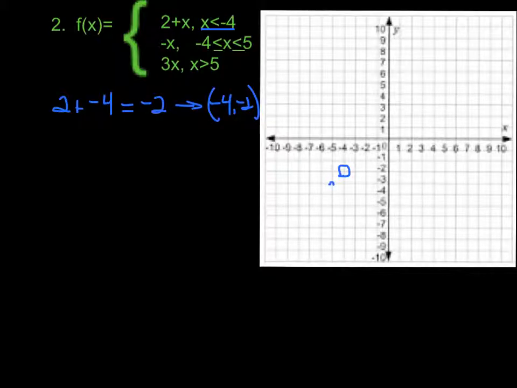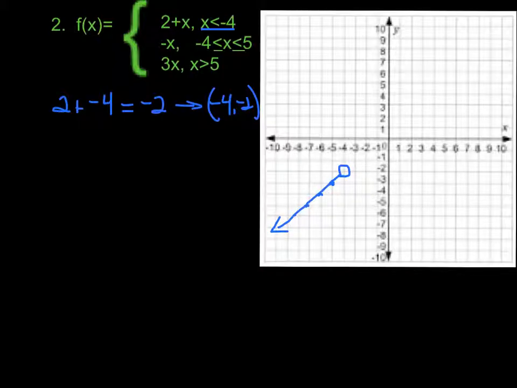So I'm going to go in this direction, like so. And there is the equation of the line 2 plus x when x is less than -4. All right, let's look at the next part.